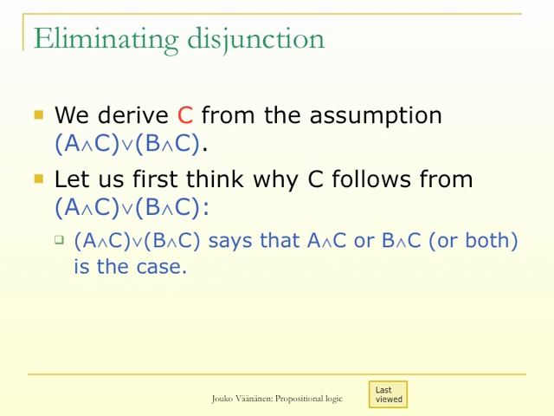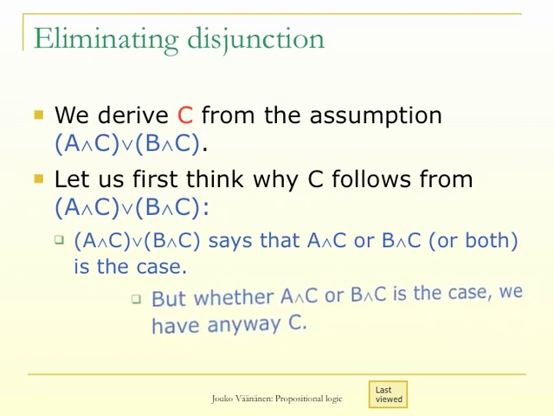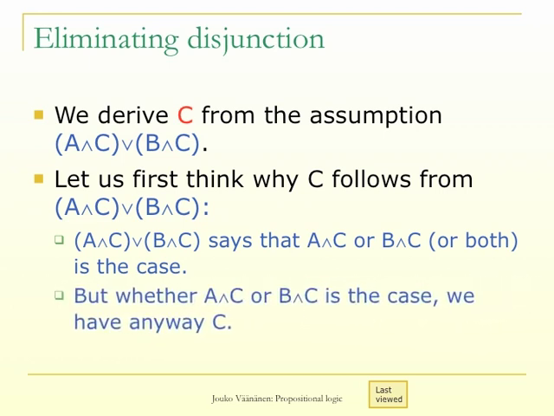(A and C) or (B and C) says that A and C or B and C or perhaps both are the case. But whether A and C or B and C is the case, we have anyway C.